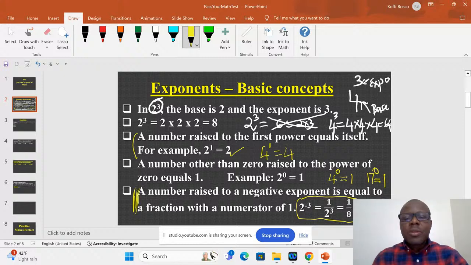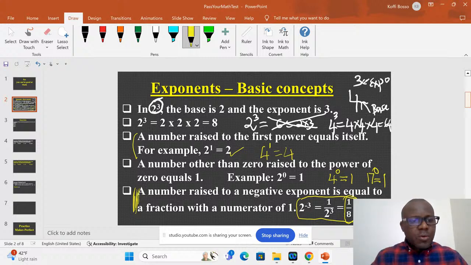So there is no negative sign for the exponent after you change it to a fraction. When you evaluate, you have 1 over 8. Remember that 2 to the third power is 2 multiplied by 2 multiplied by 2, which is 8. That's what we have with this fraction.